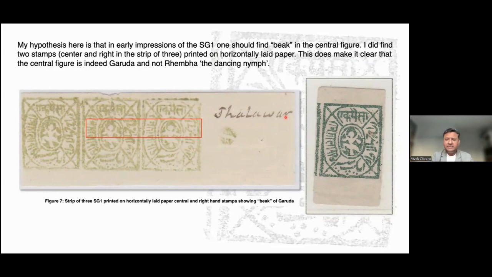I've been looking at these stamps for a while now, and you can see here, in some stamps, here you see that horizontally laid strip, which I had shown earlier, it actually has a beak here and here, right? And the best part is that the blue-green shade most of the times actually shows this beak, right? So you can see very clearly here.